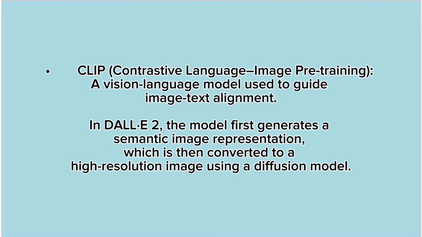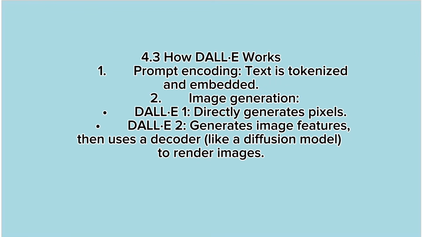In DALL-E 2, the model first generates a semantic image representation, which is then converted to a high-resolution image using a diffusion model.